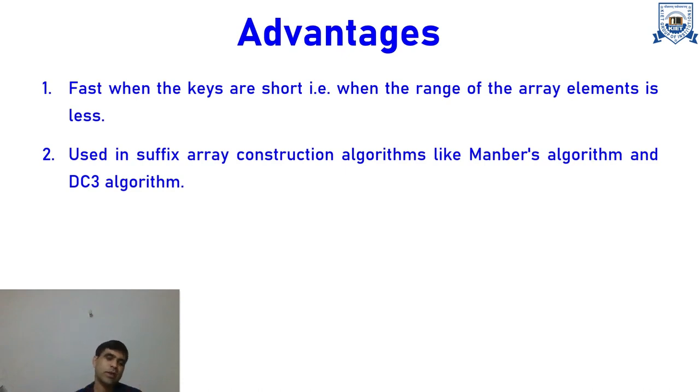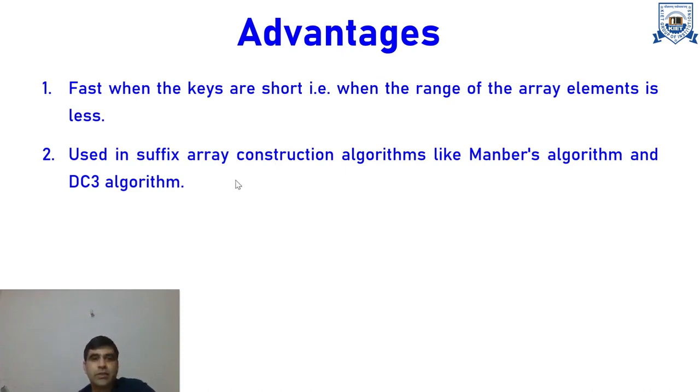So writing a generalized program is quite a task, right? The advantage is that it is fast when the keys are short. It means when the range of the array elements is small, the array elements are close together.